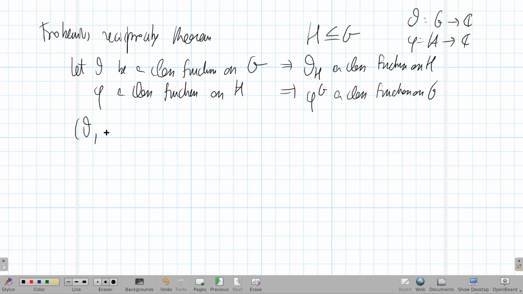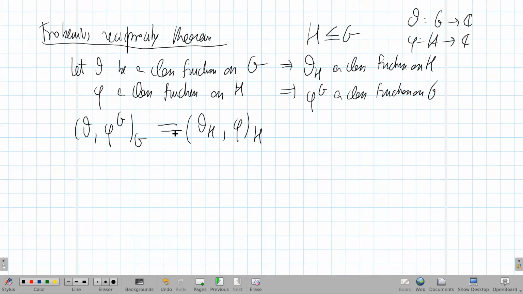One is theta, phi to the G, because this is the inner product on G, and we can consider also theta H, which is a class function on H, with phi, the class function on H. Okay, and what the theorem tells you is that these two are equal, and we see why this is important, because it will prove in particular that if you start with a character on H, then the induced class function on G will be a character.